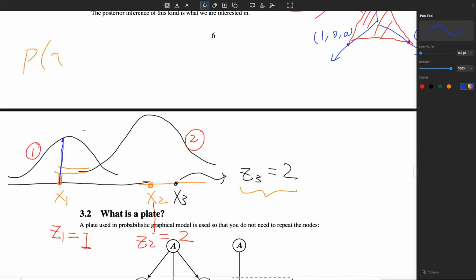But if I was able to tell the system that this data is distributed from this Gaussian, if I know its membership index, then what does this probability simplify down to?